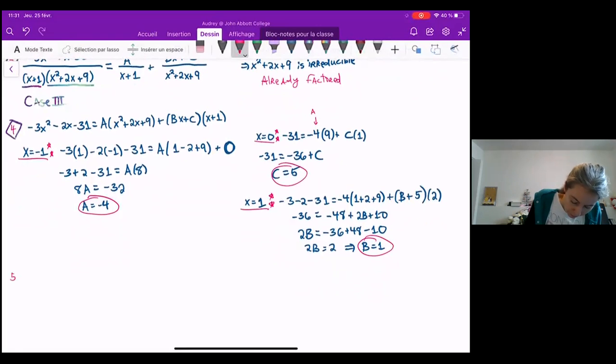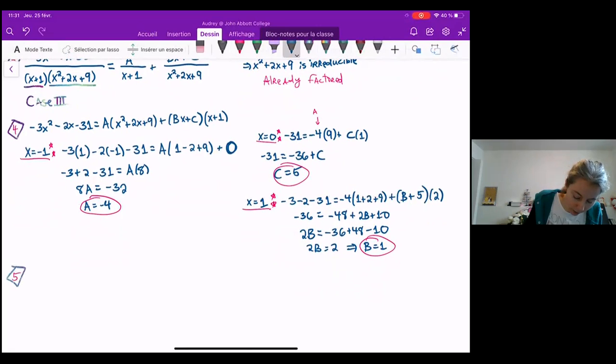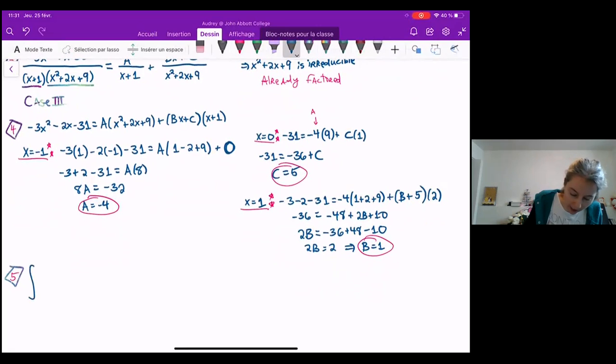So we are going to rewrite our integral. We end up with the integral of a over x plus 1 plus bx plus c, so that's x plus 5 over x squared plus 2x plus 9.